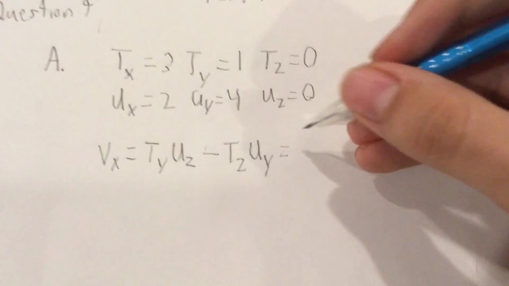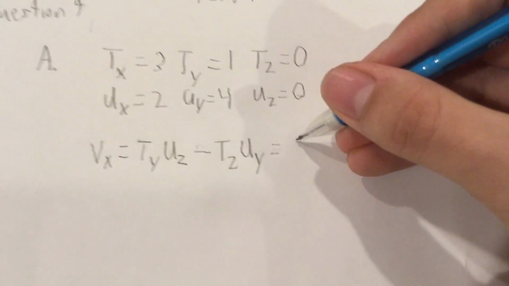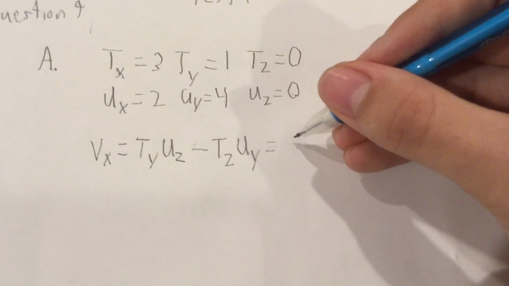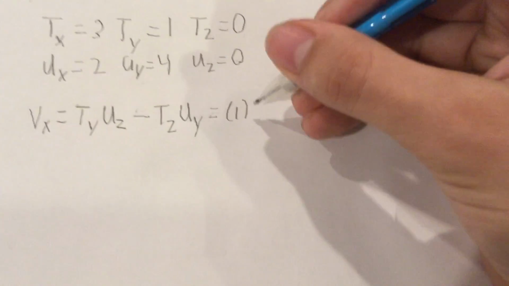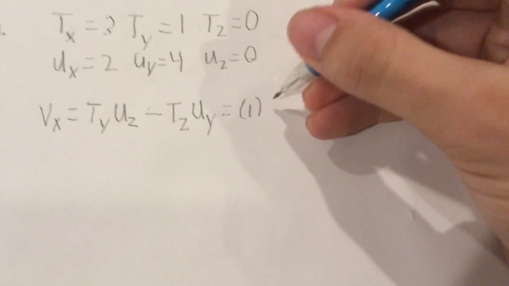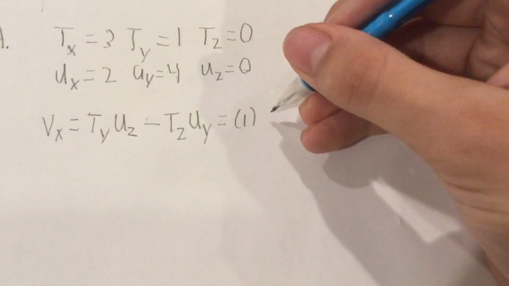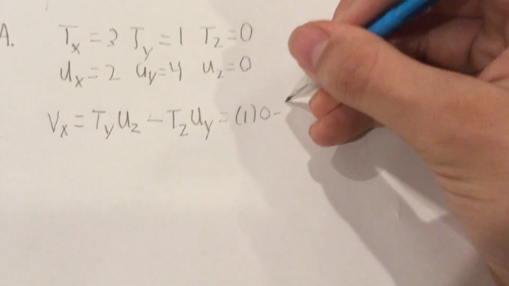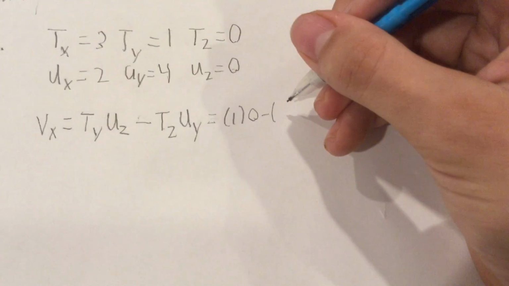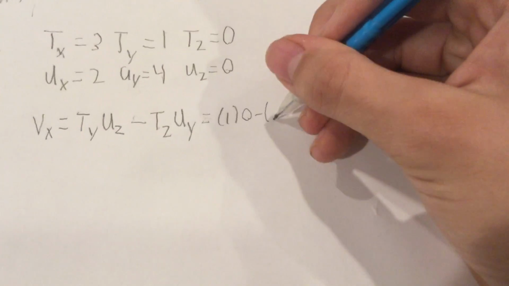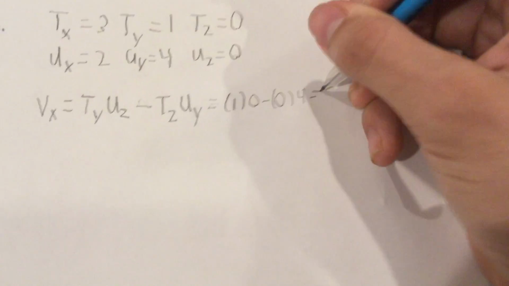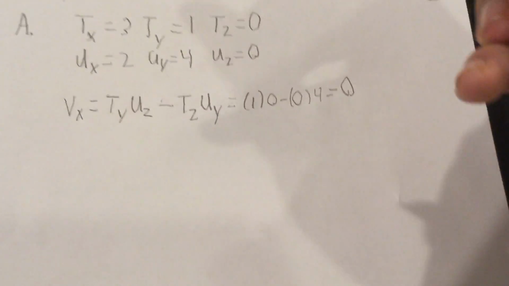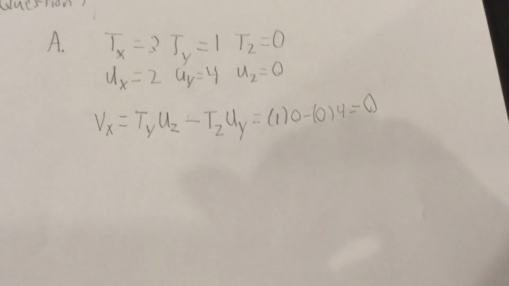And we can find that by plugging in the numbers. So t of y is equal to 1, and u of z is equal to 0, minus t of z is equal to 0, and u of y is equal to 4. So that's going to equal 0. So the component for v of x is 0.